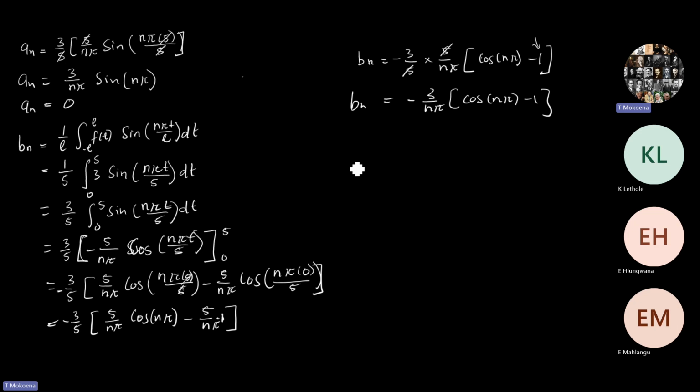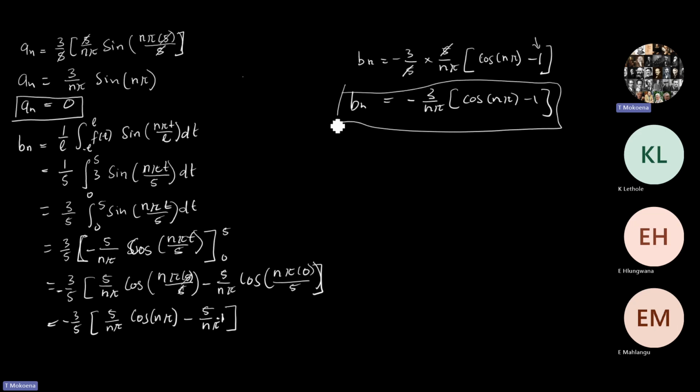So now we have b sub n. Now this will be our b sub n. We have a sub naught, we have a sub n, we have this. Basically, this is what we were looking for.